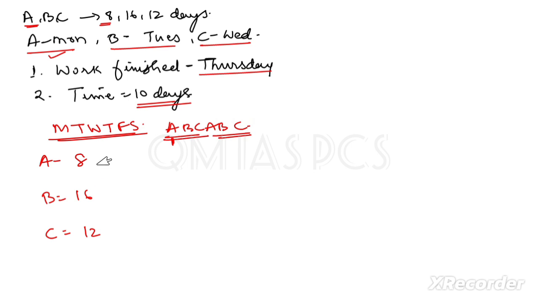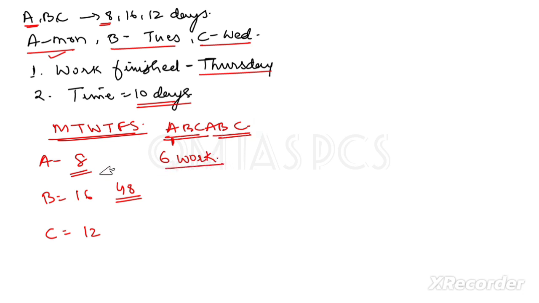So we can take the LCM of 8, 16, and 12, which will be 48. So I am taking 48 as the total work. When we have to find the efficiency, we just divide this 48 by the number of days. It will be 6 work, so in 1 day 6 work can be done.